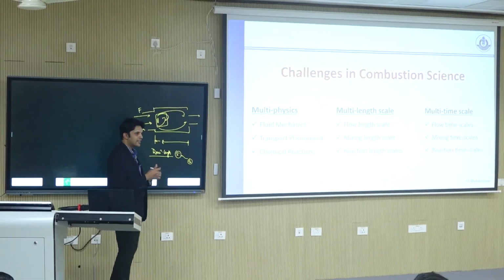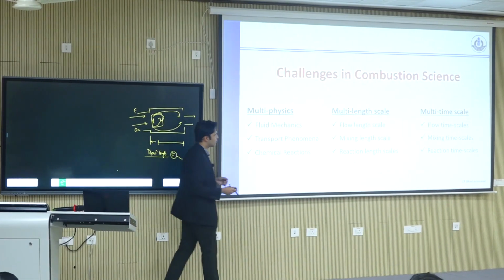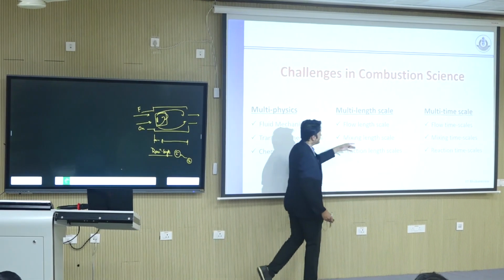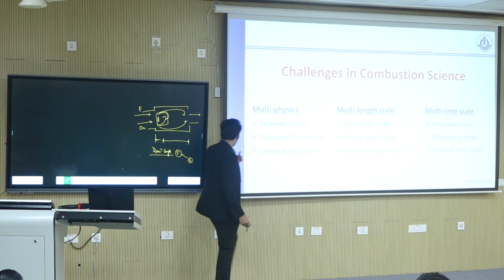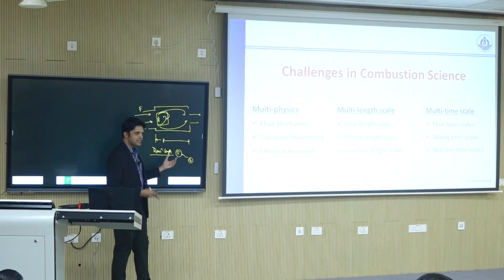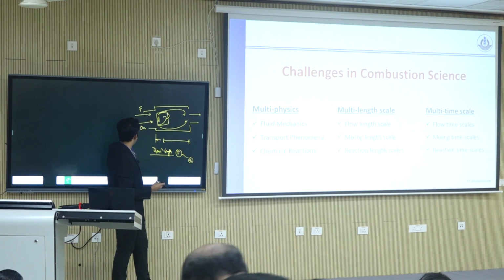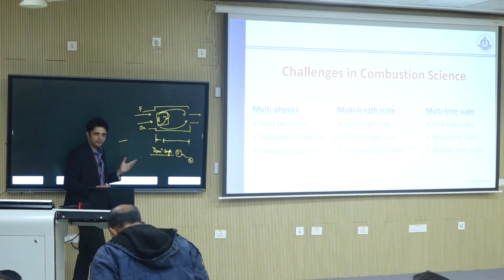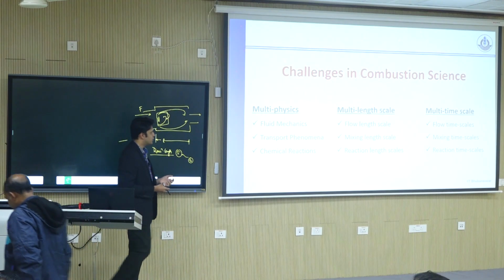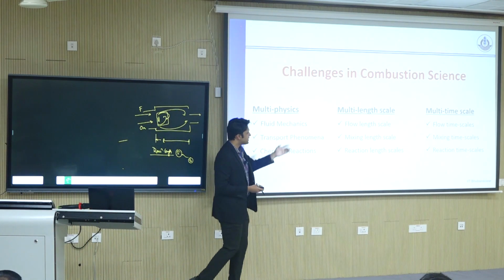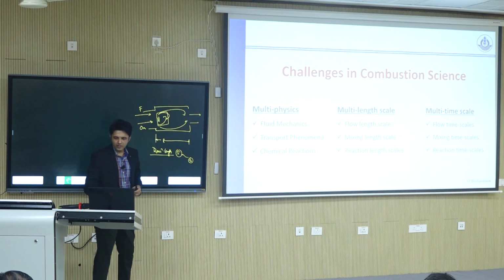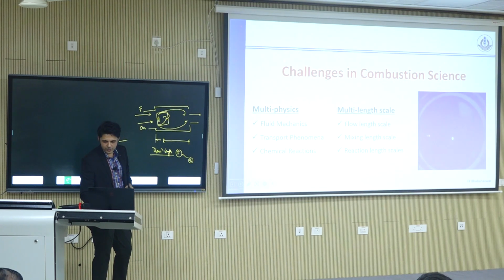So you can imagine the range of length scales that you have to resolve. And also you have time scales. The rate at which fuel and oxidizer interact is different from the rate at which you are supplying the fuel and oxidizer through convection. All these three aspects make the study of combustion very, very difficult, right?